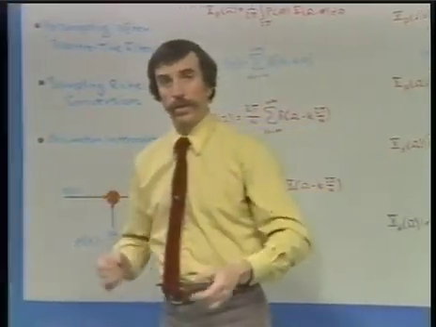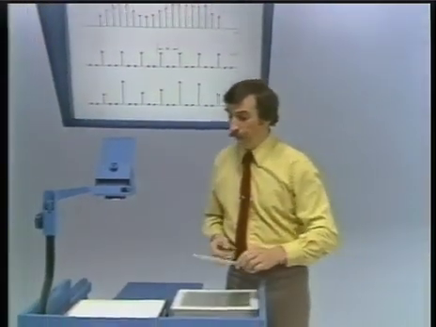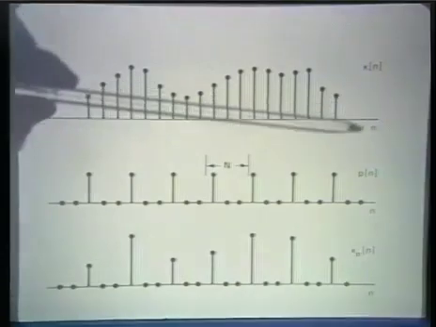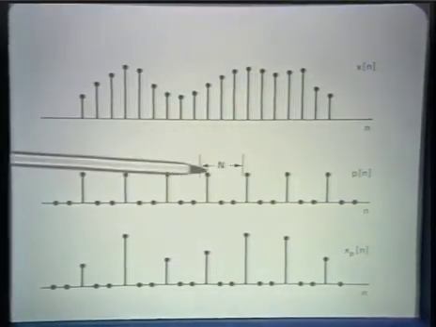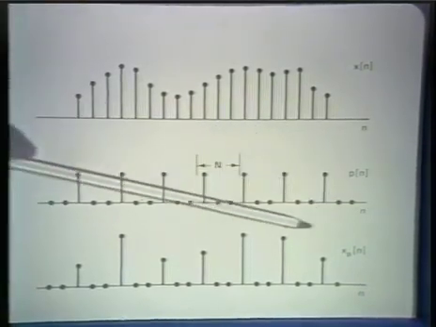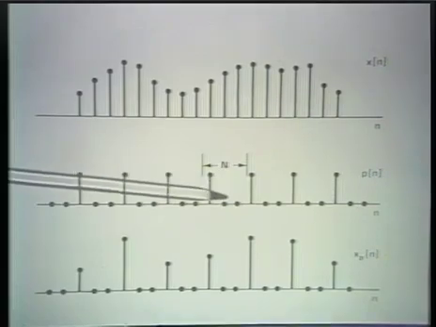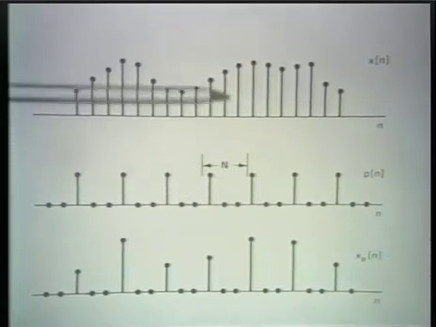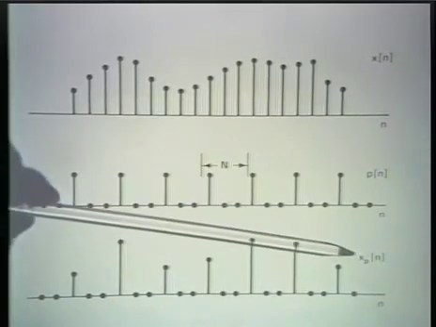So if we just look at what a sequence and a sampled version of that sequence might look like, what we have here is an original sequence x of n, and then we have the sampling impulse train or sampling sequence, and it's the modulation or product of these two that gives us the sampled sequence x sub p of n.